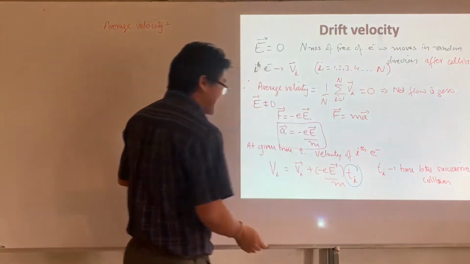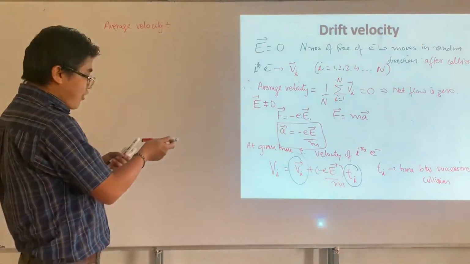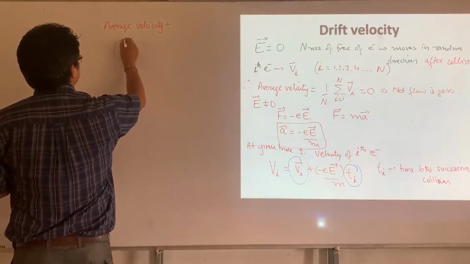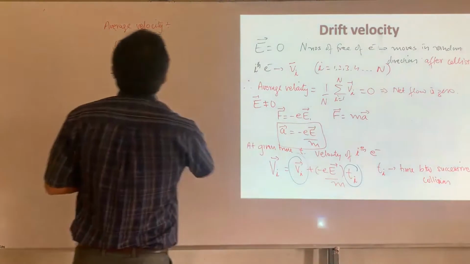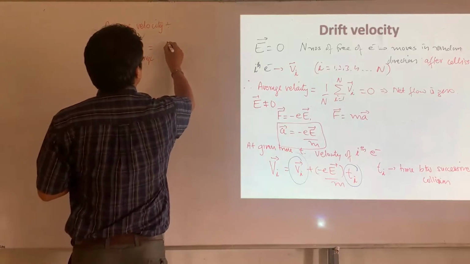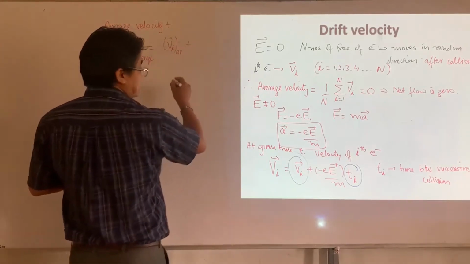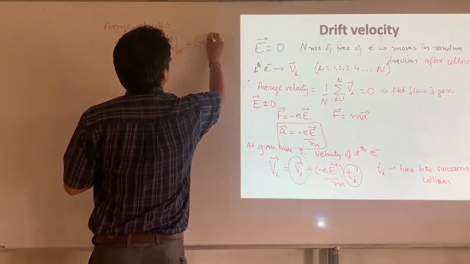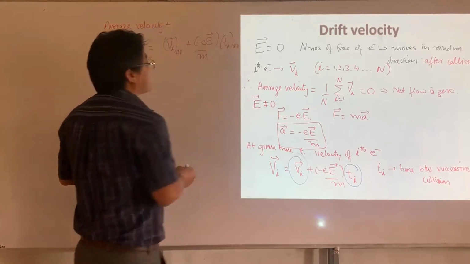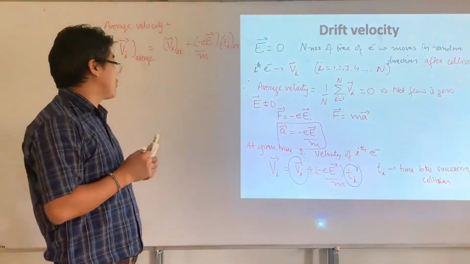I am going to take the average of this, and obviously I am going to take the average of this. So therefore, average velocity is going to be average velocity immediately after collisions plus average time between successive collisions.